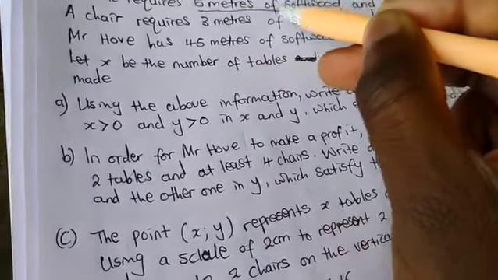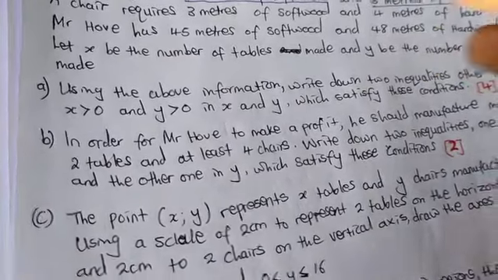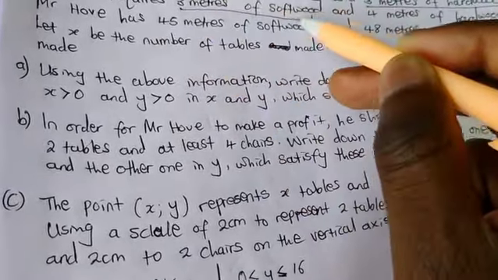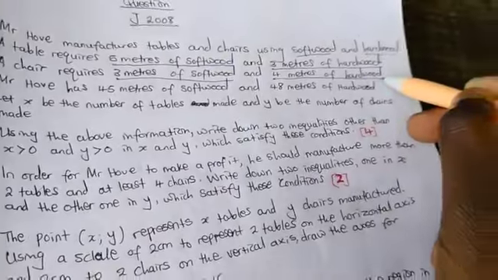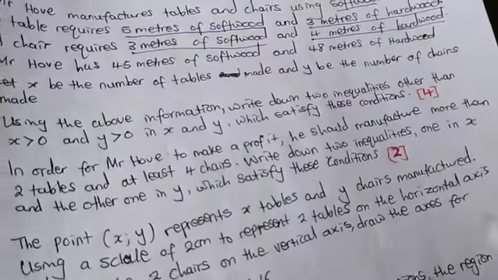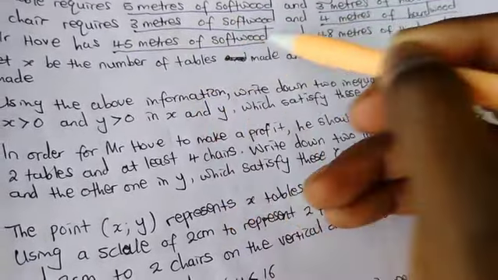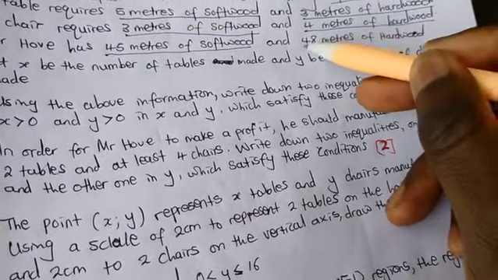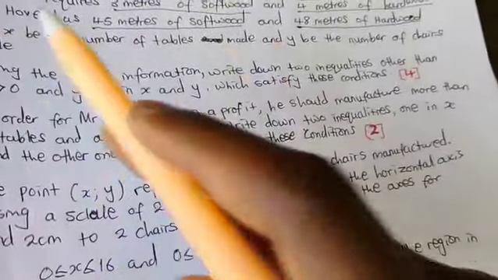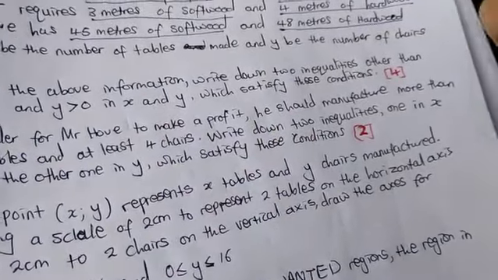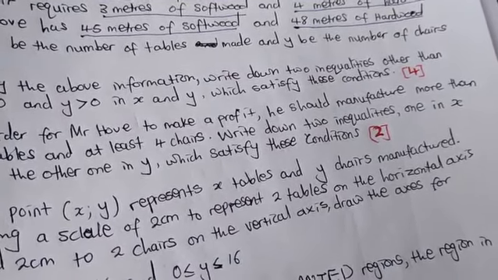Right? Mr. Hove has 45 meters of softwood and 48 meters of hardwood. Let X be the number of tables and Y be the number of chairs.